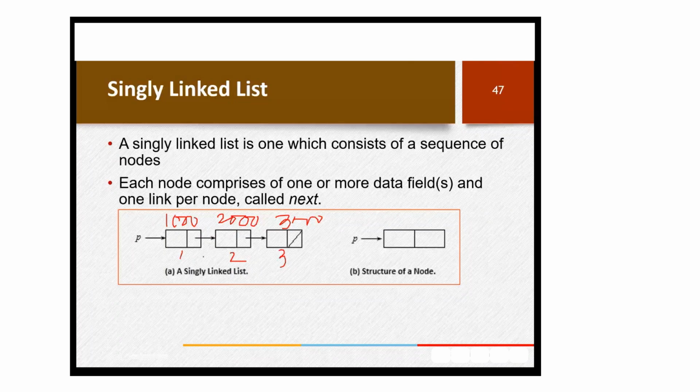It's just like a chain, like the normal chain used for dogs, or the chain used for straps in watches. They're all attached, which means that this field has 2000, that is, the next node's address. That's exactly what we call a node.